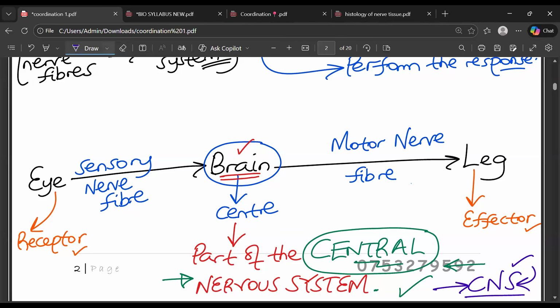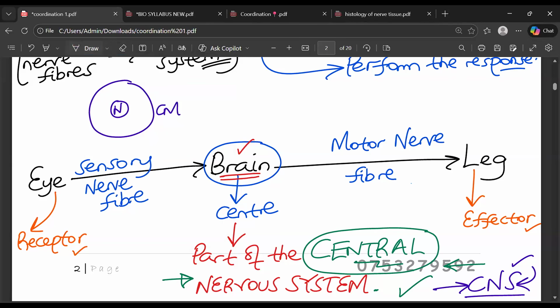CNS. Now, I want to ask you something simple. If this is the cell and this is the nucleus, and then this is the cell membrane. Do you know what the Englishman says? The Englishman says that the nucleus is at the center of the cell, because the whole thing is the cell.